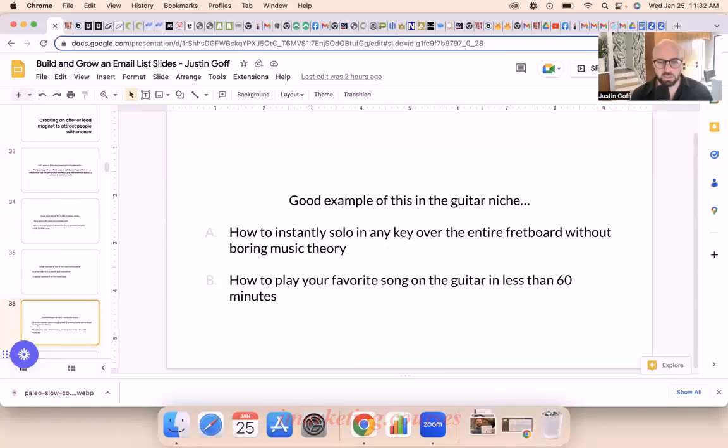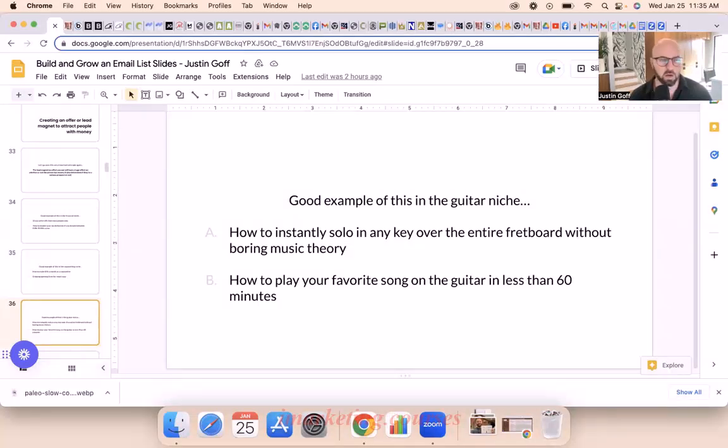Let's look at the guitar niche. Similar things here. How to instantly solo in any key over the entire fretboard without boring music theory. That is going to appeal to someone who's been playing guitar for a long time, somebody who's probably already invested a bunch of money in a guitar and speakers and everything else that goes along with playing guitar. The second one, how to play your favorite song on the guitar in less than 60 minutes, would appeal to someone like me.